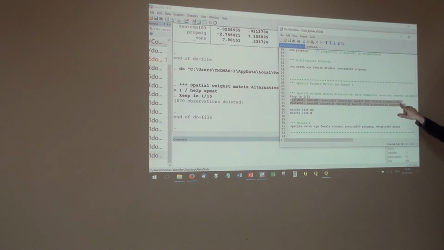And then this is the interesting thing. We could have either a binary matrix, where they are neighbors or they are not neighbors, or, when we don't specify this, we can have just a distance matrix, but this is a row-standardized distance matrix.